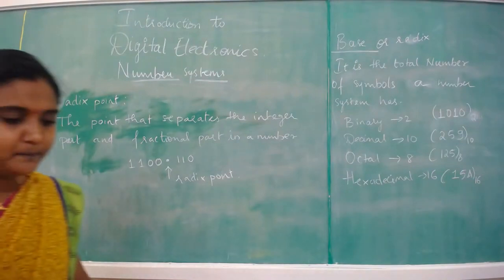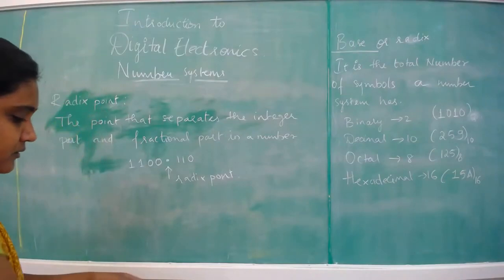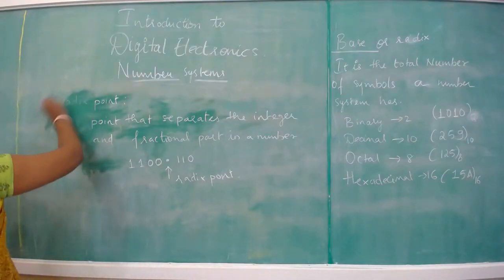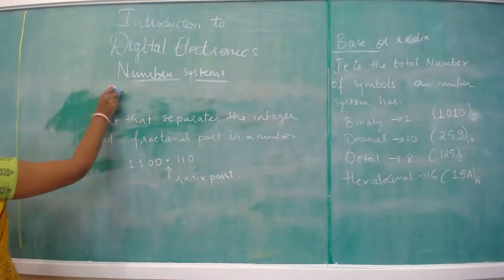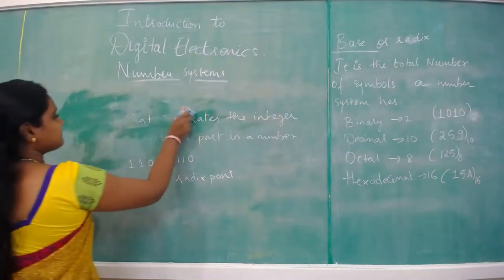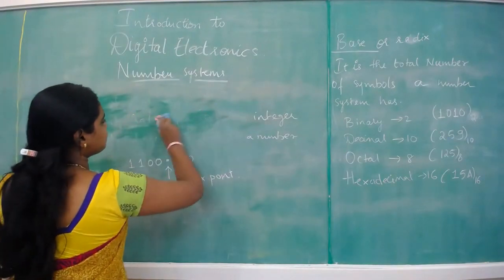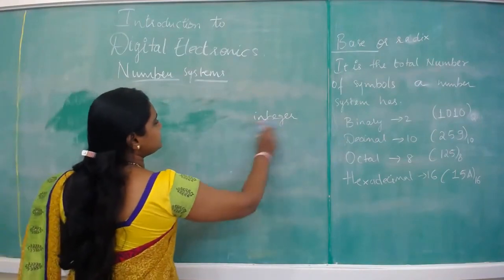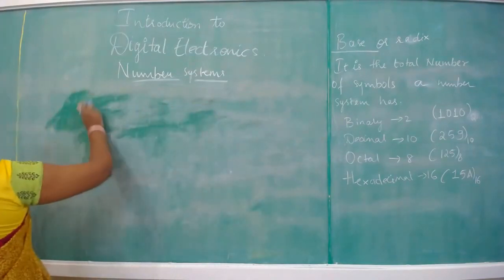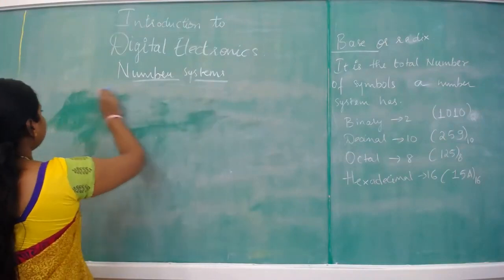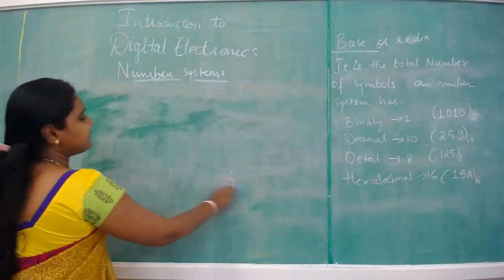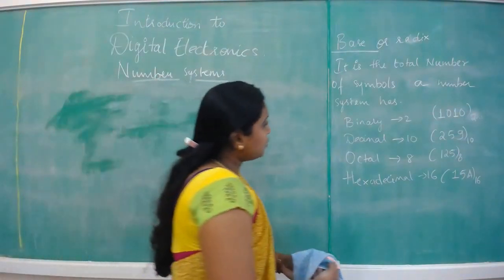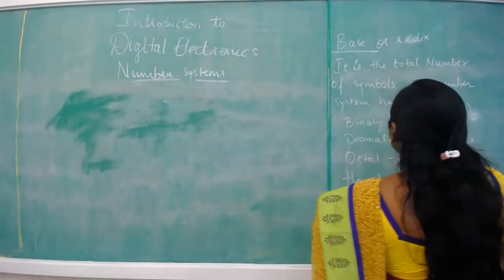Next is place value or weight. All these questions could be asked for 1 mark, to define base or to define the radix point. Otherwise, to define radix and radix point. Radix is nothing but the base itself, that is the total number of symbols a number system has.